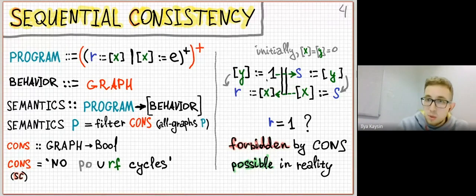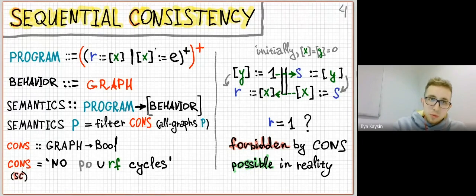And as soon as we swap them, this behavior becomes possible because we can first initialize the source location Y, then we pass this 1 from Y to X in the second thread, and then we read this 1 from X. So yeah, this reading 1 from X becomes possible.